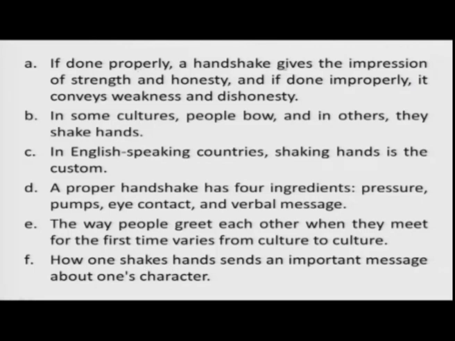If done properly, a handshake gives the impression of strength and honesty, and if done improperly, it conveys weakness and dishonesty. So, this is about the details of this thing. And it mentions a proper handshake. So, what is a proper handshake? That comes here, D: A proper handshake has 4 ingredients: pressure, palms, eye contact and verbal message. So, this is where the introductory paragraph ends.